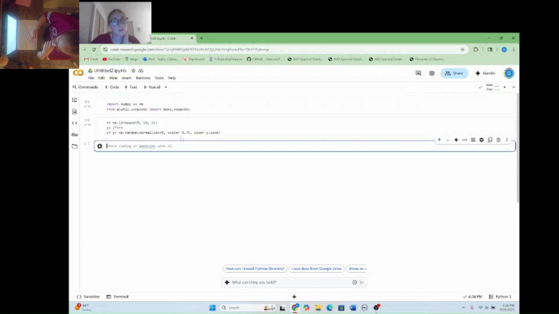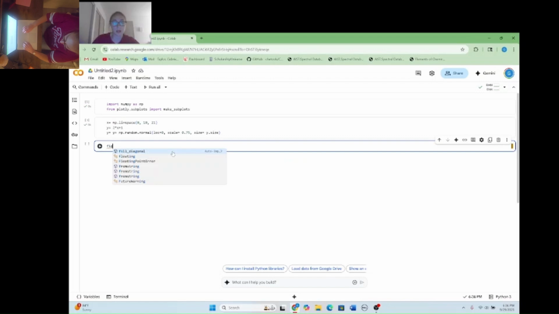Okay, so it was scale instead of size. Scale is going to be your standard deviation, not your size. So it's going to keep it in the same size as our y with that size there, but the scale is going to be 0.5, which is our standard deviation. So let's add our subplot.